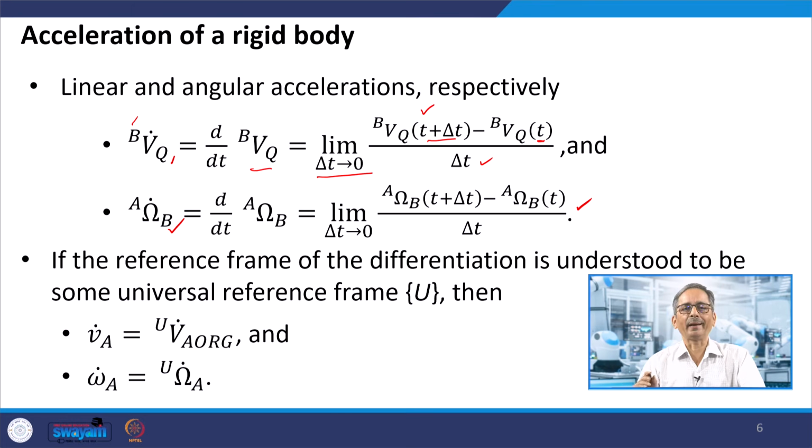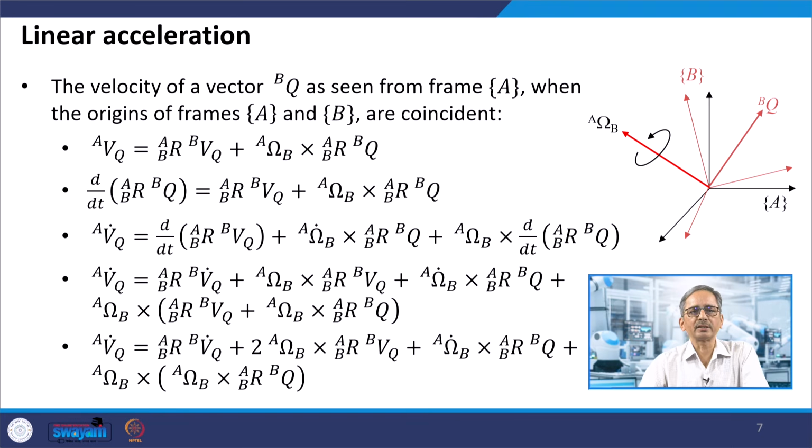If the reference frame of the differentiation is understood to be some universal reference frame, then we go for a short notation, and we just represent the velocity this way, and the translational acceleration, and similarly I represent the angular acceleration this way. Next, let us look at the linear acceleration.